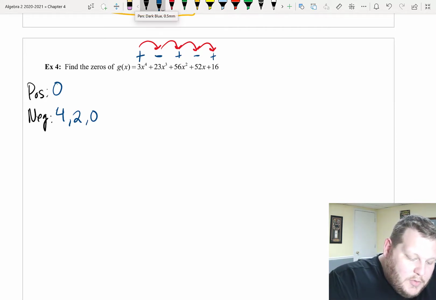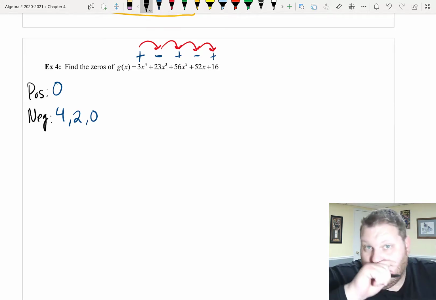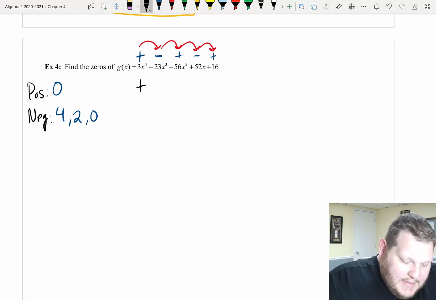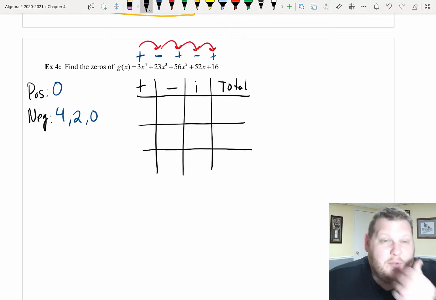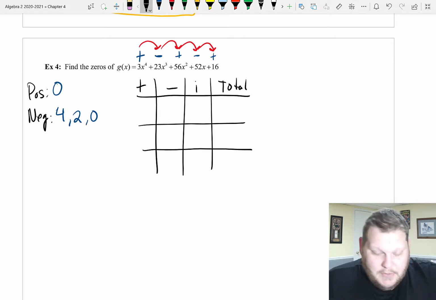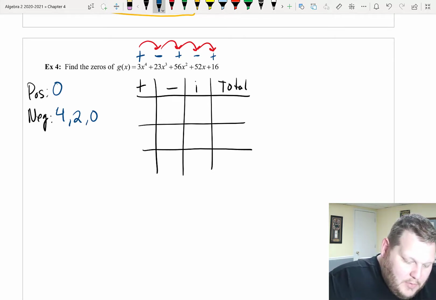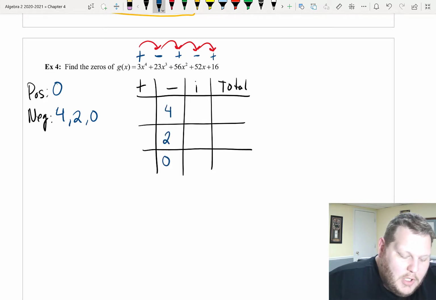So when I go to that table that we were working on before, we've got our positives, our negatives, our imaginary, and the total. We're going to have more rows, because one of our options has 3 total possibilities. So for our negatives, we could have all 4, we could have just 2, or we could have 0.